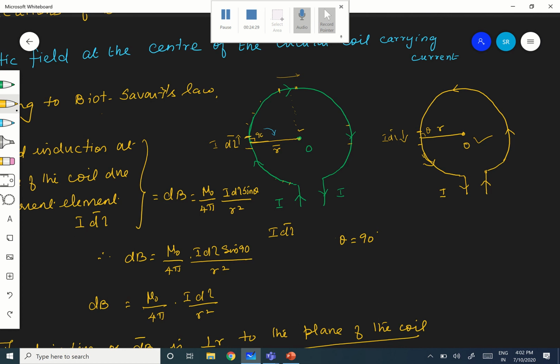The curvature of the fingers shows the direction of the current in the coil.